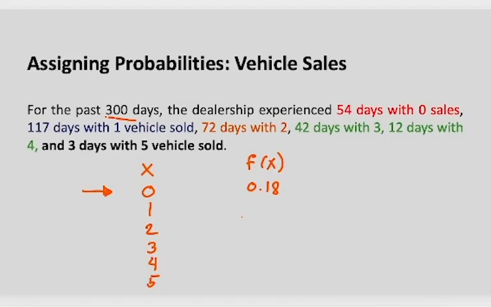So that's 117 divided by 300, and that is equivalent to 0.39. 2 amounts to 72 days divided by 300, or 0.24. 3 is 42 divided by 300, and that is 0.14. 4 is 0.04, which is 12 divided by 300, and 5 is equivalent to 3 divided by 300, or 0.01.